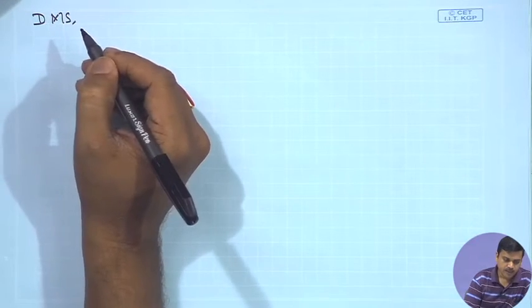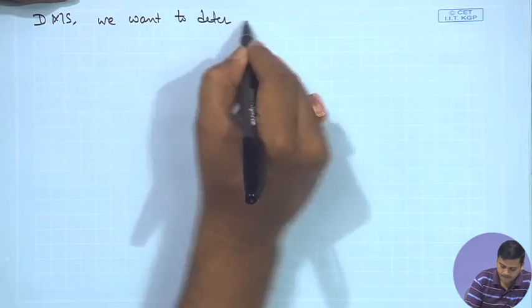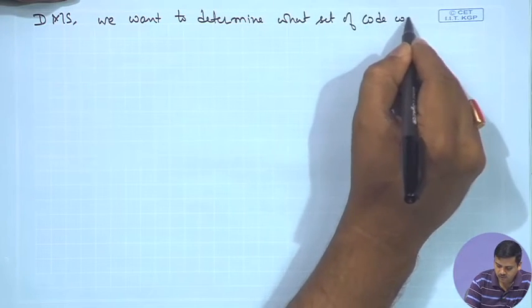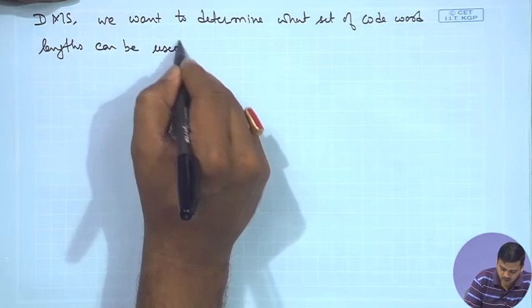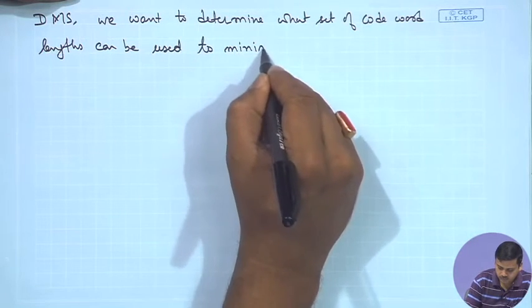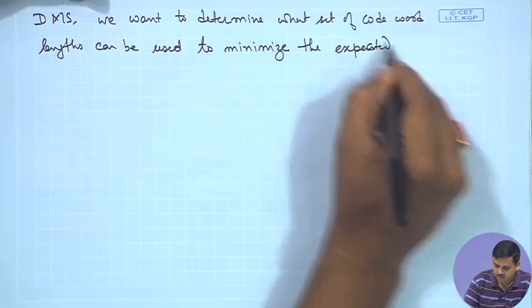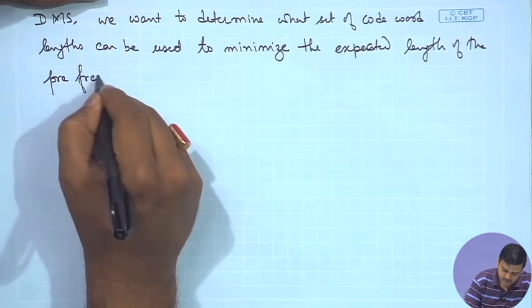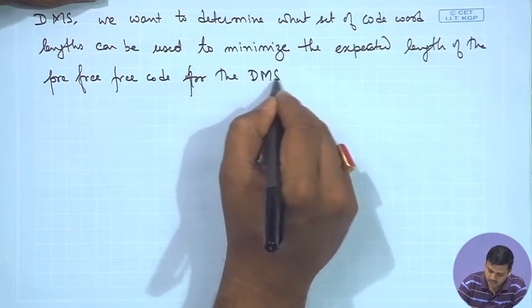So, we are taking a discrete memoryless source and we want to determine what set of code word lengths can be used to minimize the expected length of the prefix free code for the discrete memoryless source.